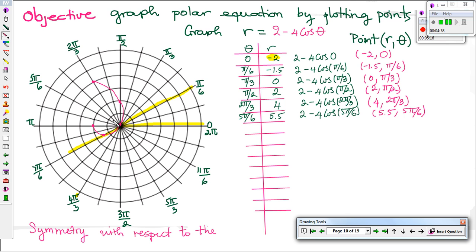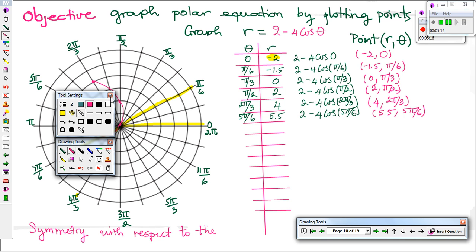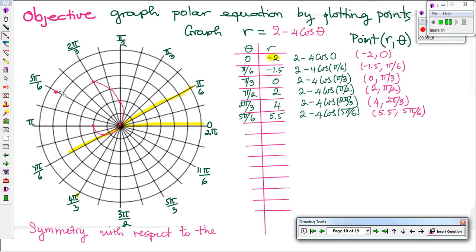I'm looking for the terminal side of 5 pi over 6, and I'm looking for 5.5. So from the pole you count 1, 2, 3, 4, 5, 5.5. And then you will connect.